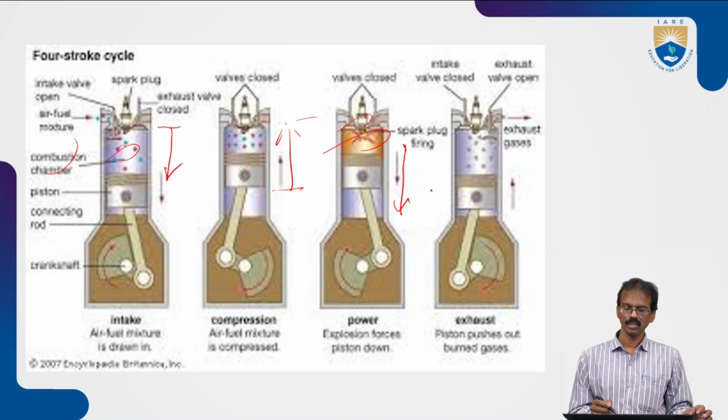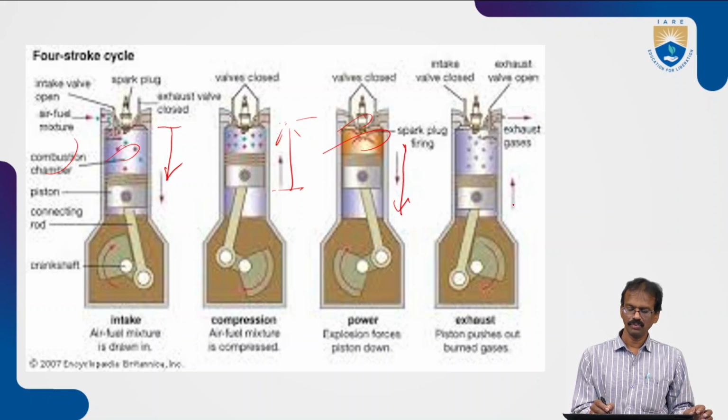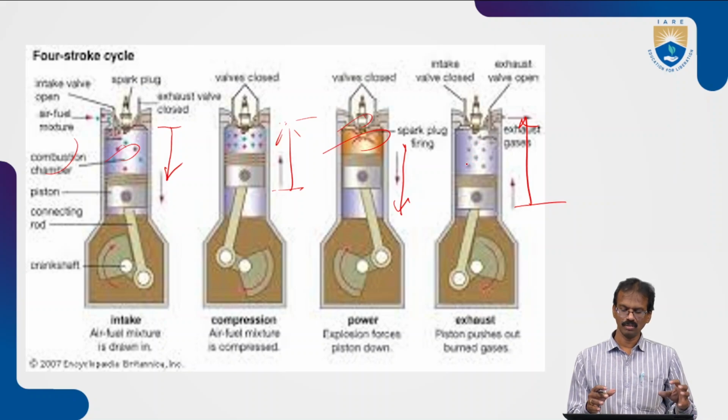That energy, that power and pressure, pushes the piston from top dead center to bottom dead center in the downward direction. Lastly, the piston moves from bottom dead center to top dead center. In this case, the smoke and unburned fuels which are occupied in the cylinder are scavenged or expelled through the exhaust valve.